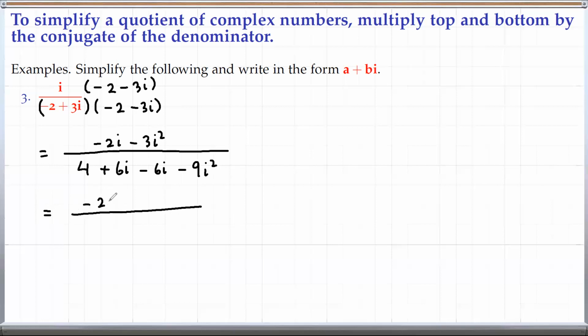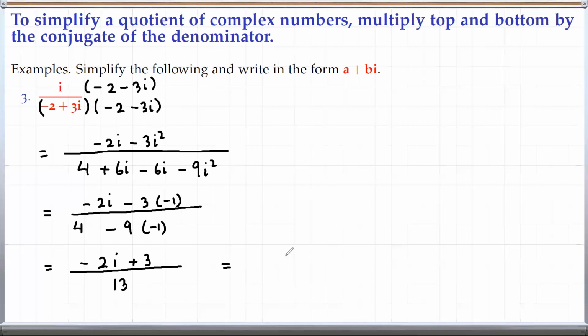So on the top, we have negative 2i minus 3 times negative 1, because i squared is negative 1. 4, 6i minus 6i, that goes away, minus 9 times negative 1. So this becomes negative 2i plus 3, because we have negative 3 times negative 1, divided by 4 plus 9 here, which is 13.